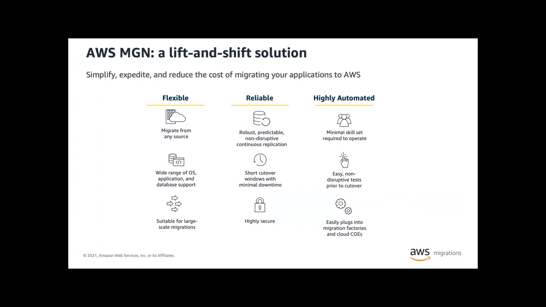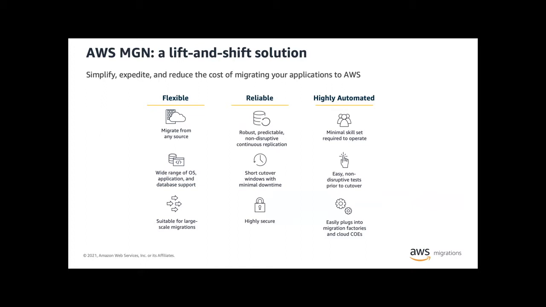If you have played with AWS SMS, the Server Migration Service, usually the cutover time is something in the range of hours. And when it comes to Cloud Endure and now the Application Migration Service, the cutover is only about a few minutes.